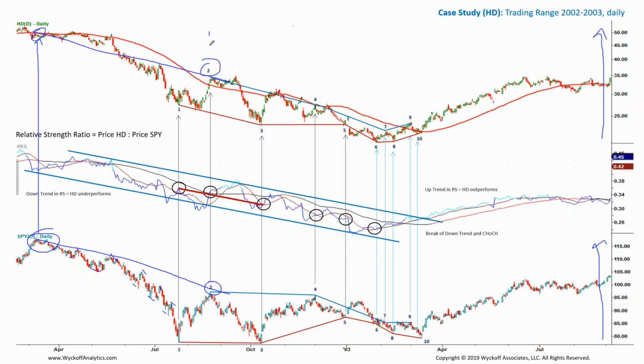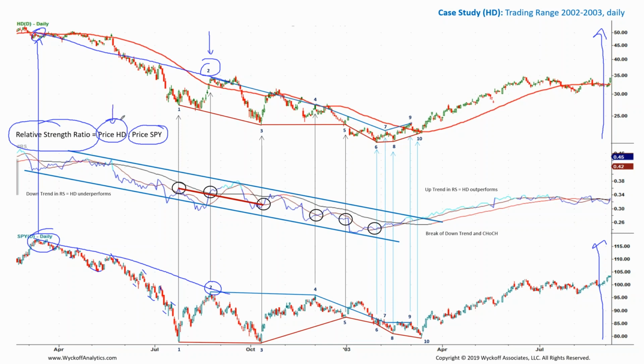If we can't, on a comparative basis, make a judgment as to what is stronger, what is weaker, we could always use a relative strength ratio line. And a relative strength ratio line is basically a price-based tool based on the price of the stock over the market proxy. And you could change this.